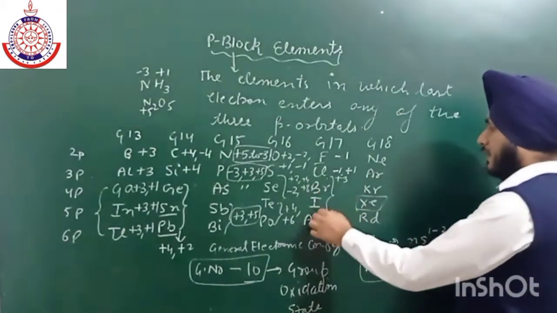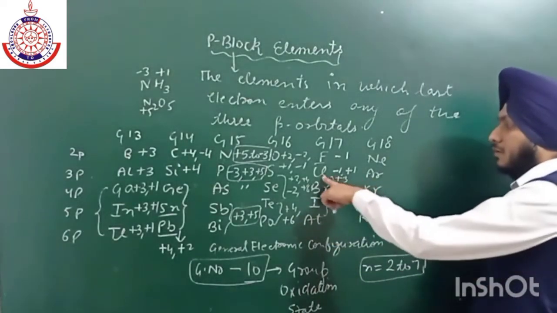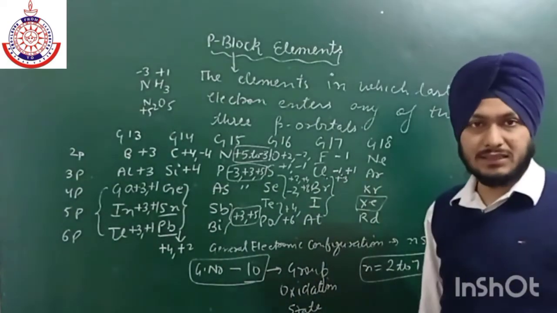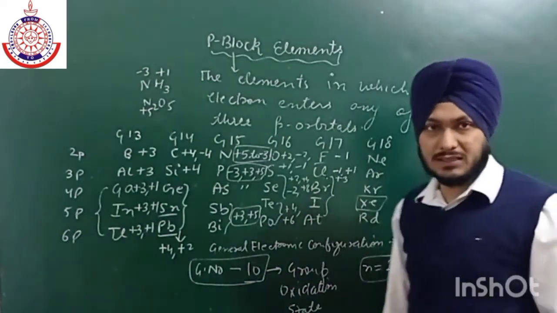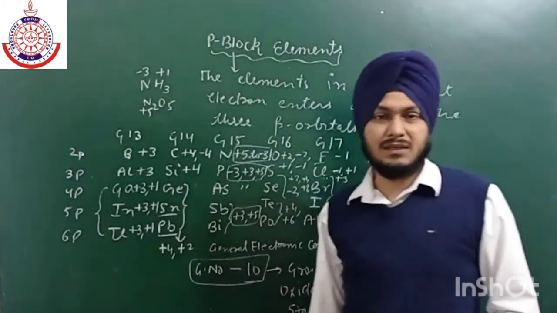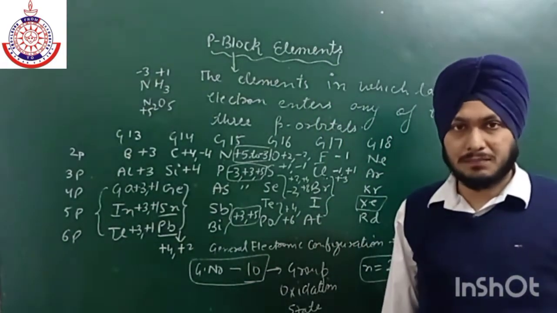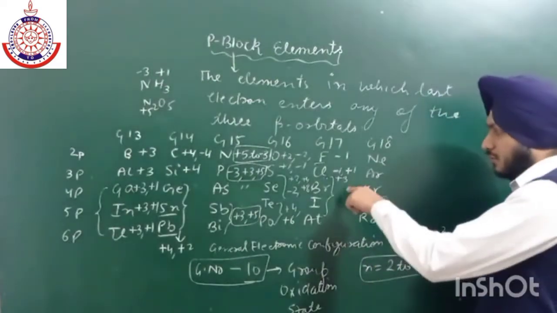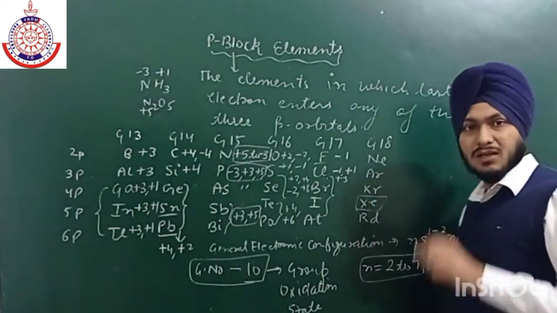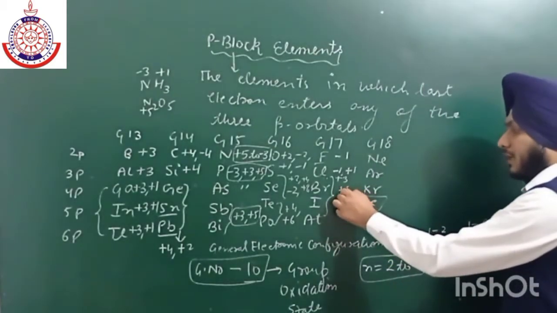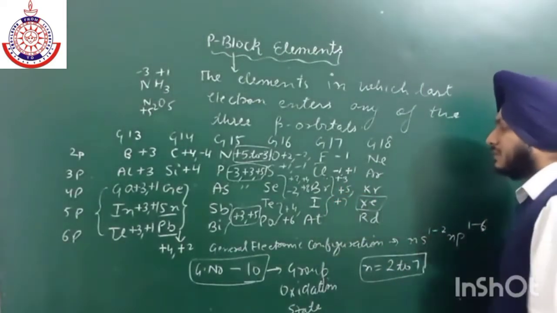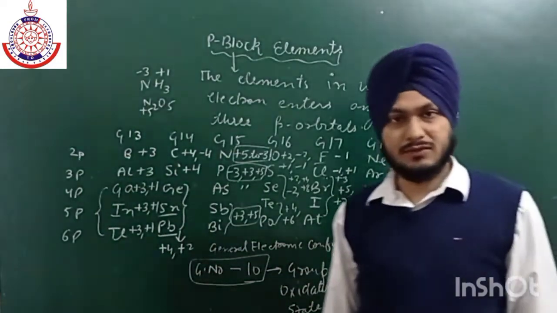Only chlorine has a tendency to show -1. All others also show -1, but in very few compounds, okay. They have a tendency to show positive oxidation states because of higher electropositivity, or low electronegativity, okay. So these are the stable oxidation states of these elements.